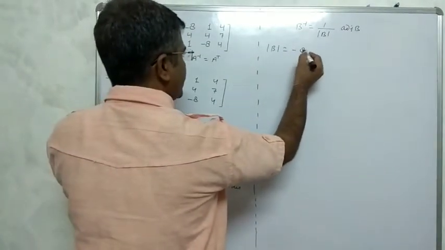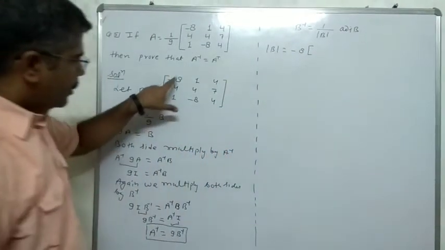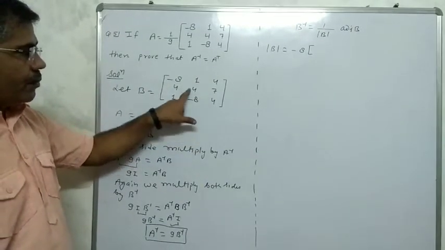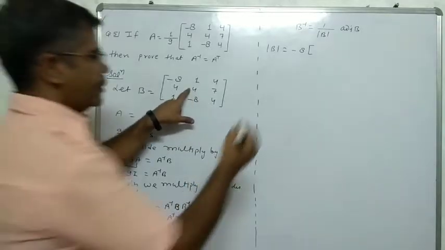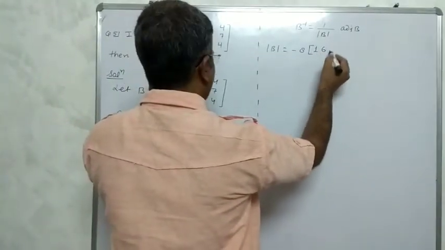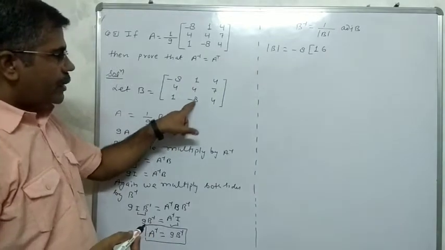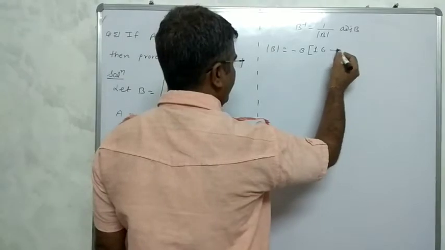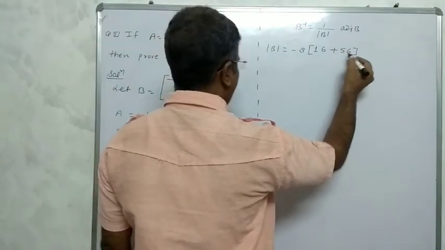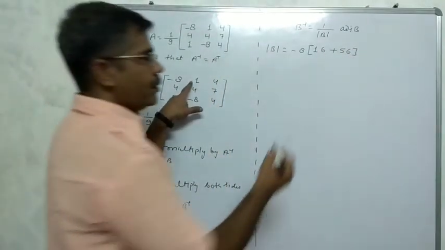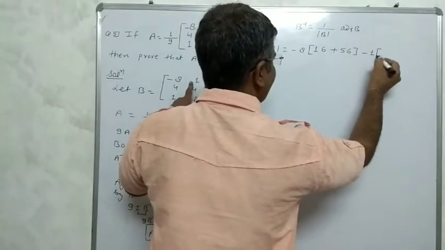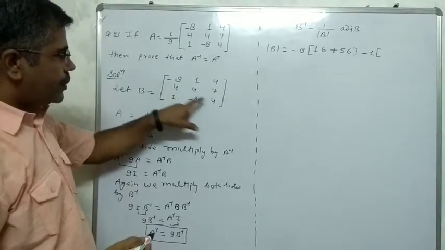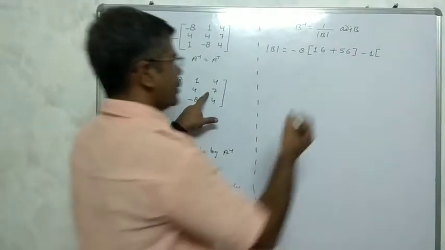-8 as it is. This column and this row delete. 4 4 is 16, 8 7 is 56, minus minus plus, 16 plus 56. Then -1, this column and this row delete, 4 4 is 16, 16 minus 7.